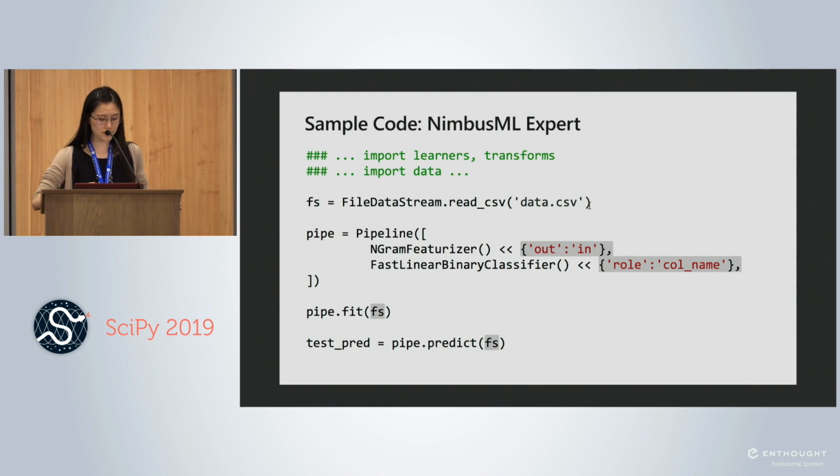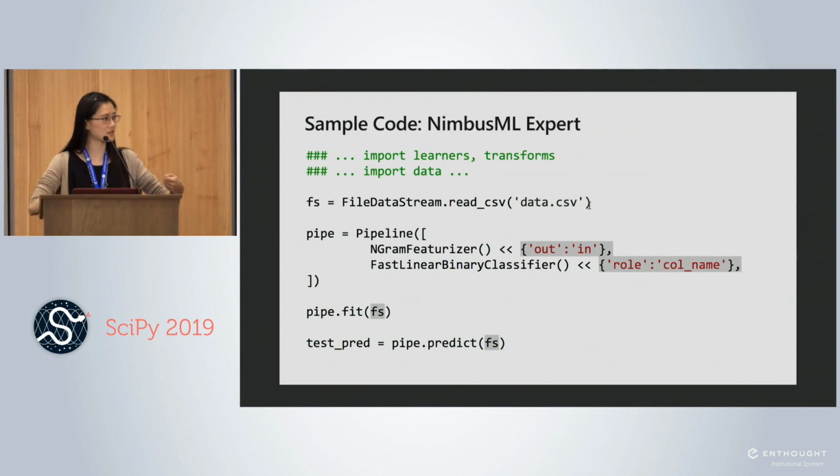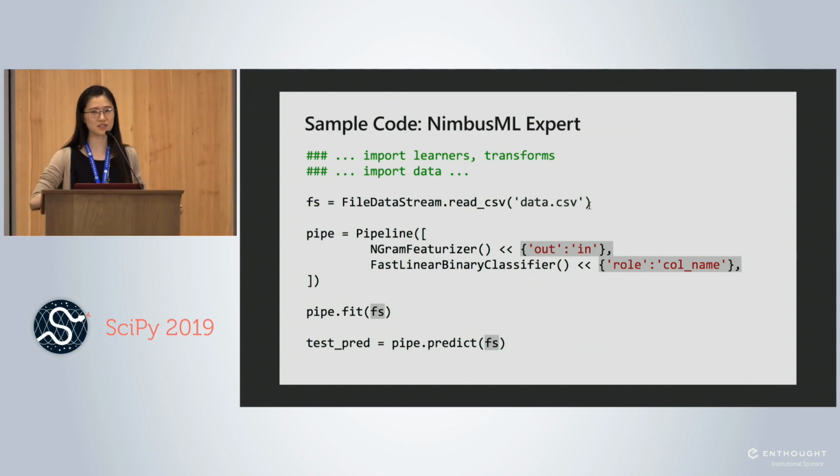And in the pipeline, you can specify, for instance, we have this n-gram featurizer to do the natural language processing part, converting the text into numeric values. You can specify what are the columns you want to use from the original CSV file. For instance, in this file, maybe I have a column named in. So in the n-gram featurizer, we introduce this syntax.